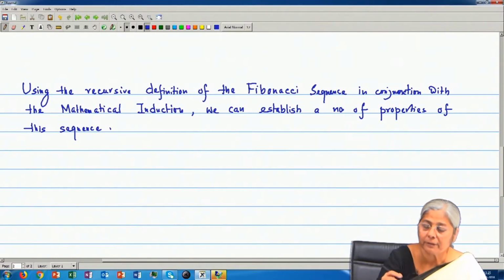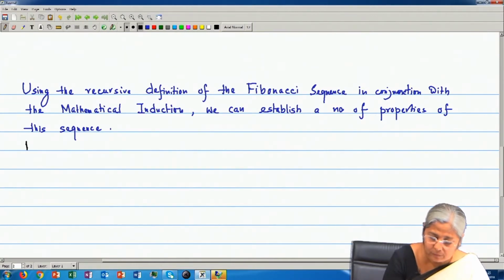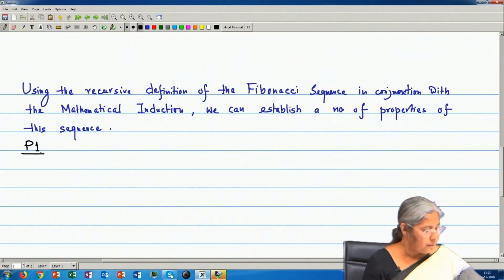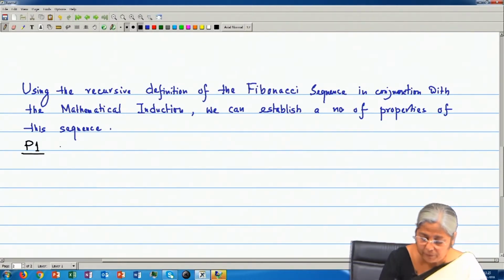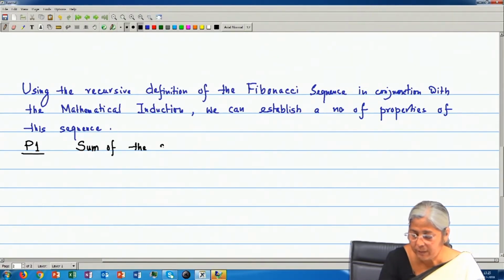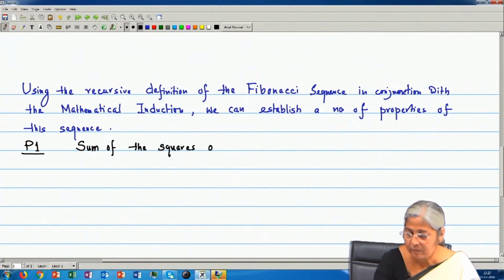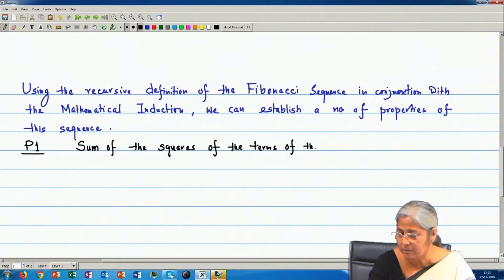So, we see a property P1. The property concerns the sum of the squares of the terms of the Fibonacci sequence.